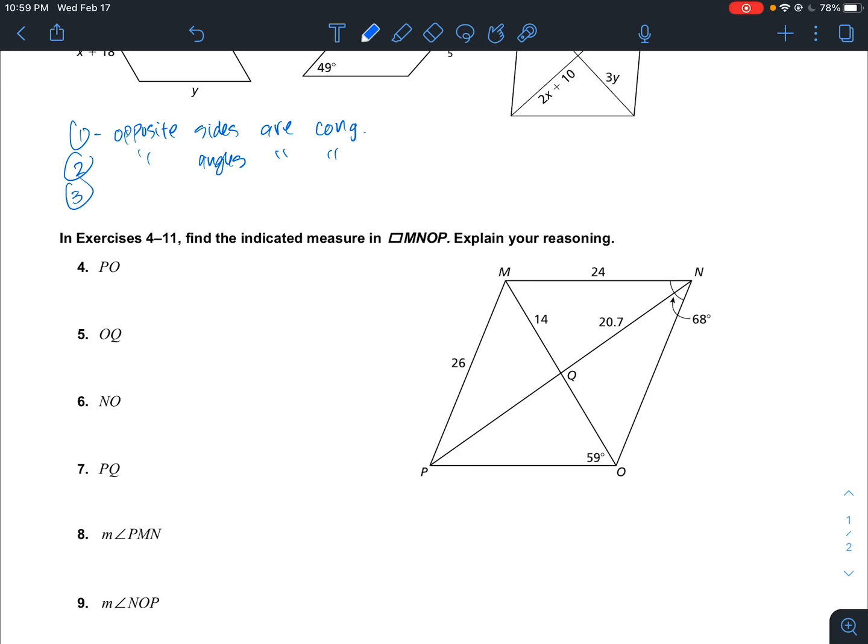Three, we know that consecutive angles are supplementary, so they add to 180. And four, we know that diagonals bisect.